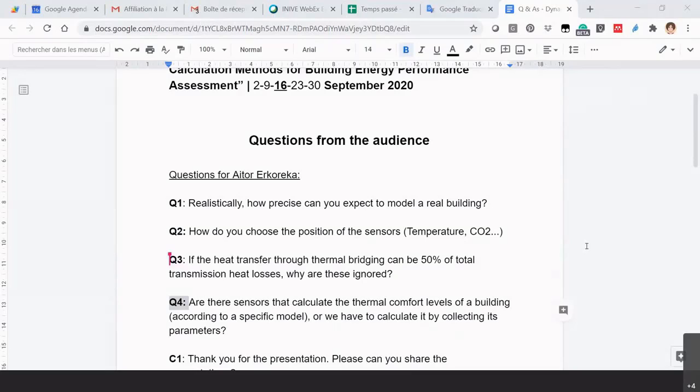When you obtain that experimental UA value of the building that is already being used, the heating demand is used to calculate these UA values with the modeling techniques. And the real heating demand considers the real effect of the thermal bridges. So the real heating demand will be bigger than the design heating demand. So using these techniques will permit you to obtain the real UA value that also considers the thermal bridges effect.